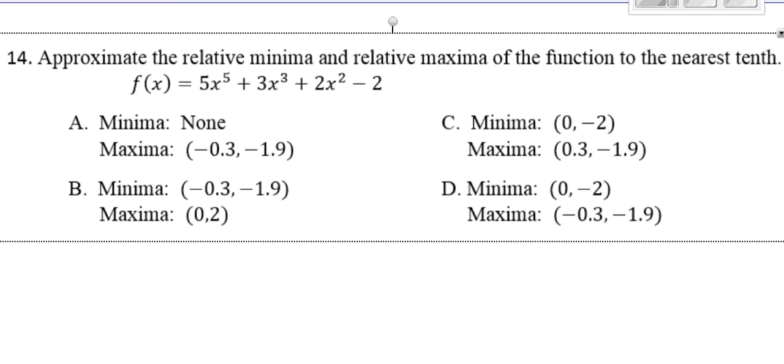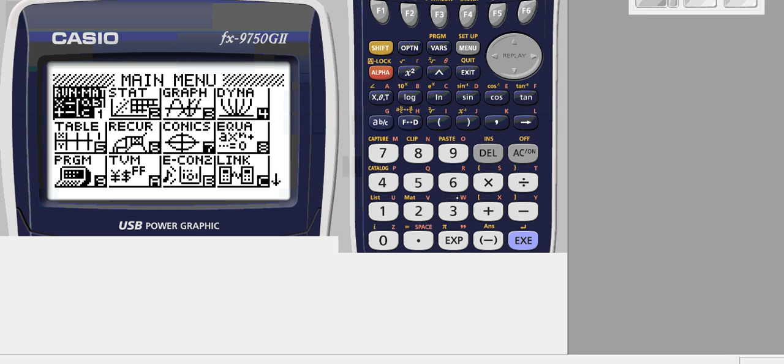So to get any relative mins or max, you just have to type it into your calculator. So we're going to go to the graph. We're going to type in this equation.